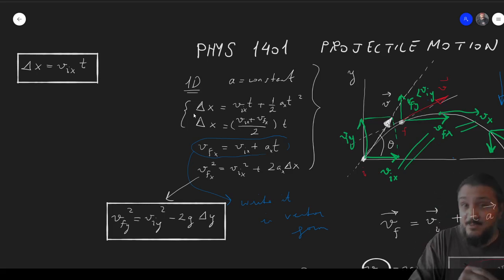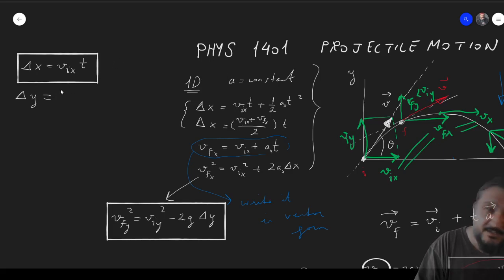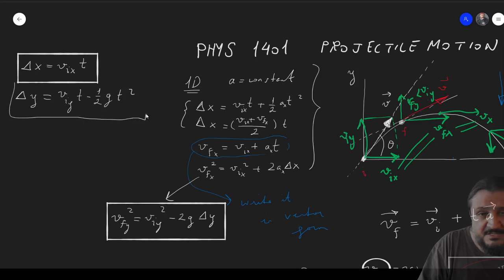Now what about delta y? Delta y. Replace ax by ay, which is negative g, and vix with viy. Viy t minus 1/2 g t squared. This will be the fifth equation.